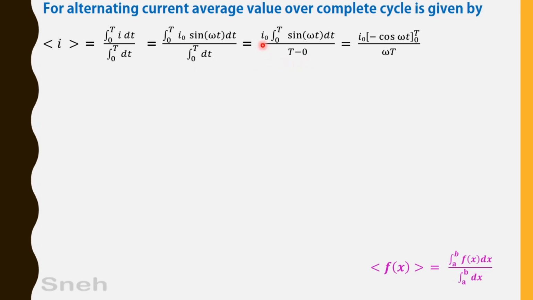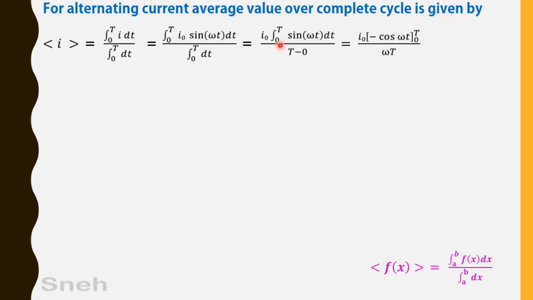Now, I want to do the integration of sin omega t. We are integrating over dt, but here I have omega t. Omega is again constant with respect to t, but I cannot take this omega outside because it is enclosed in the sine. So while taking its integration, we have to take care of that.